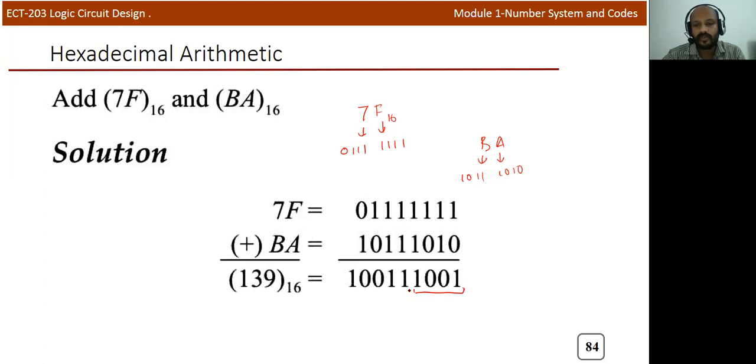So we need to group 4. So finally there's one remaining. So again you can put 0, 0, 0. Okay. So result will be 139. So this is 9, this is 3, and this is 1. Okay.